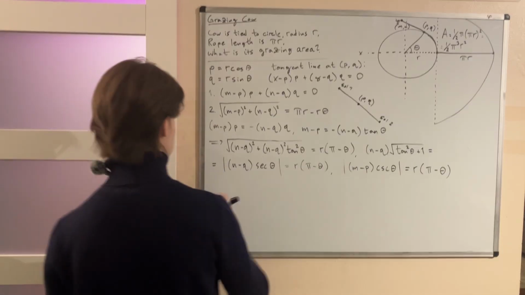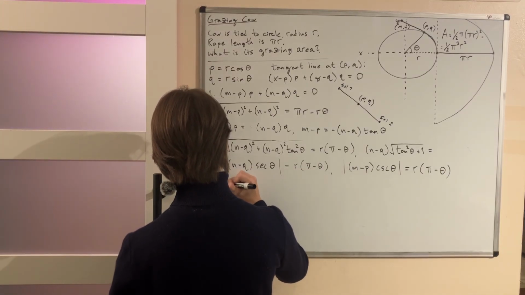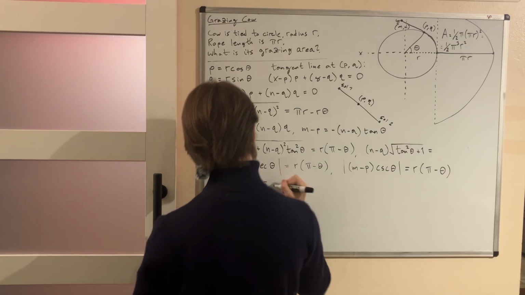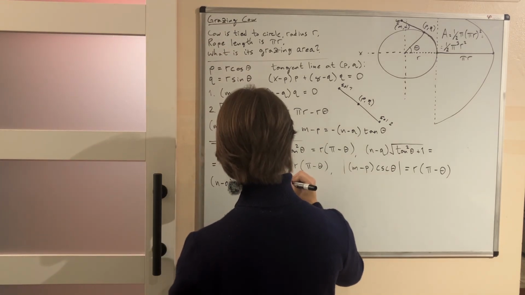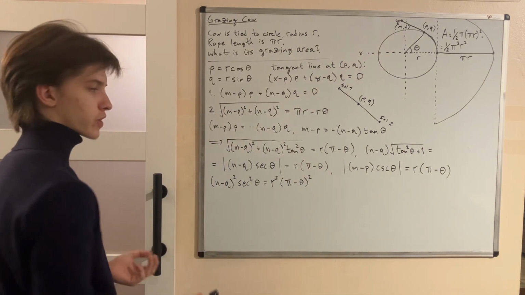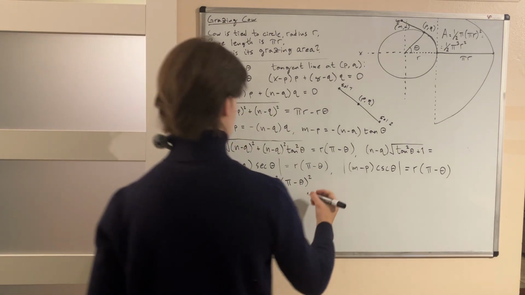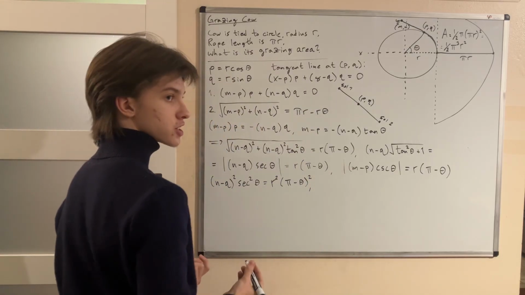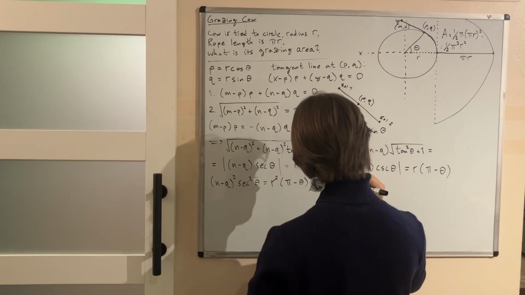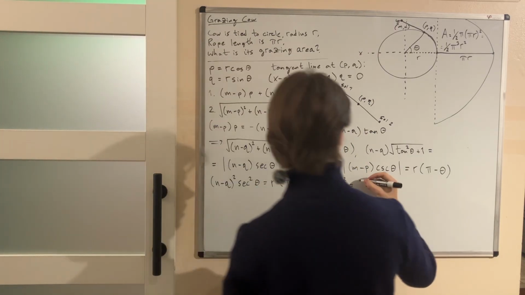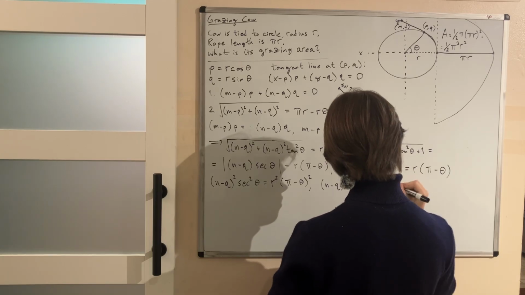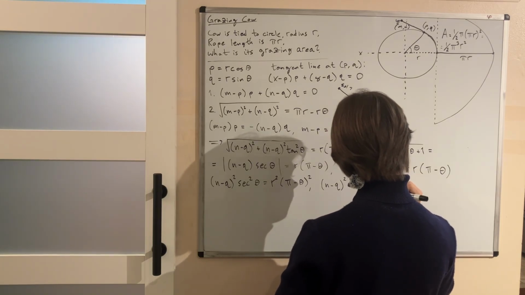And so we get that (n - q) squared times the secant of theta squared is equal to r squared times (pi - theta) squared. And remember, we are solving for n, so we want to isolate it. Then we can simply divide everything by secant squared to get that (n - q) squared is equal to r squared (pi - theta) squared over secant squared of theta.